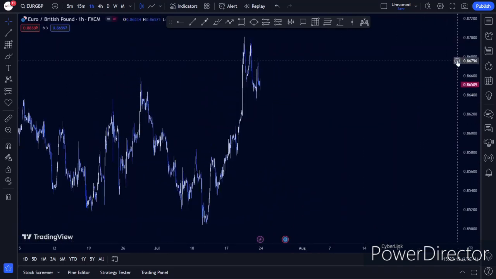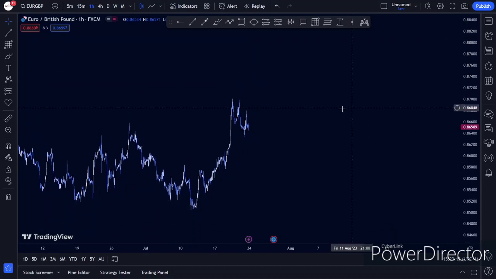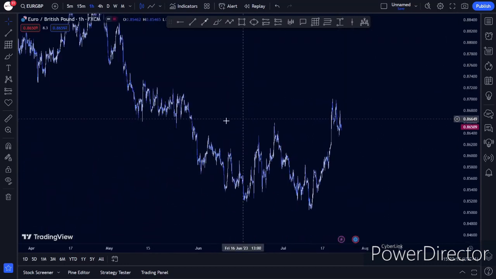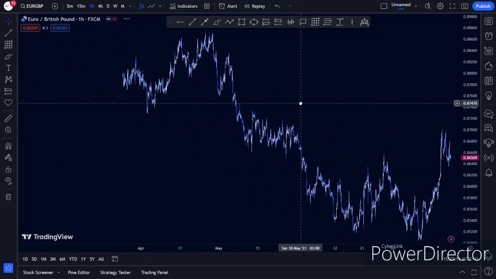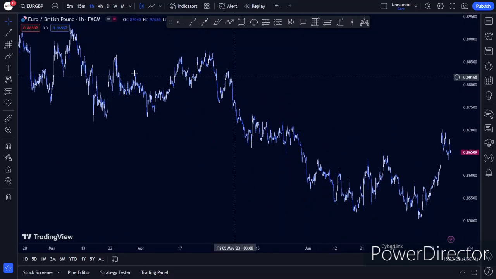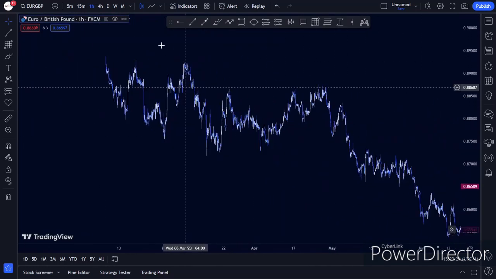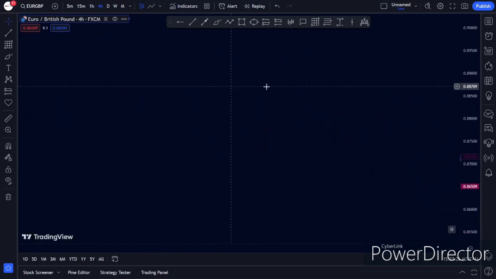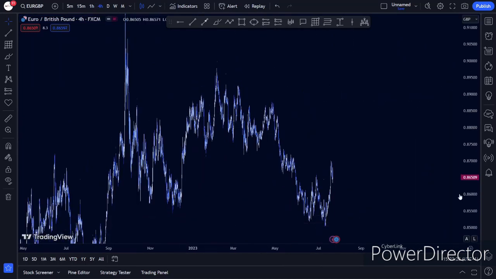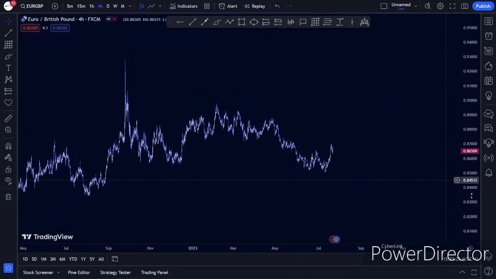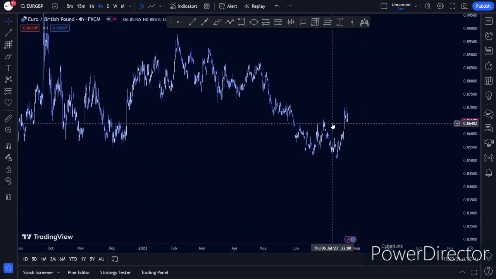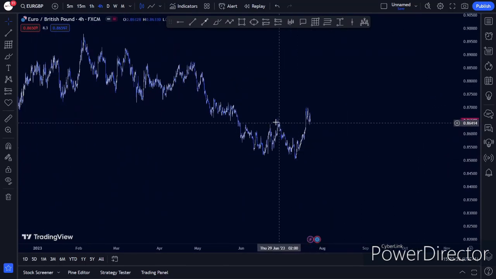Then Euro GBP, this one was last 2 weeks. I got a trade around here last 2 weeks.